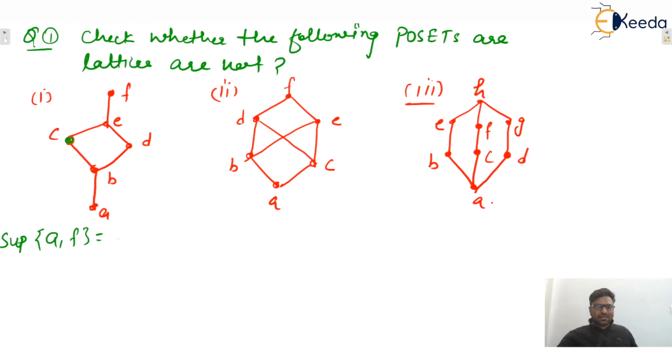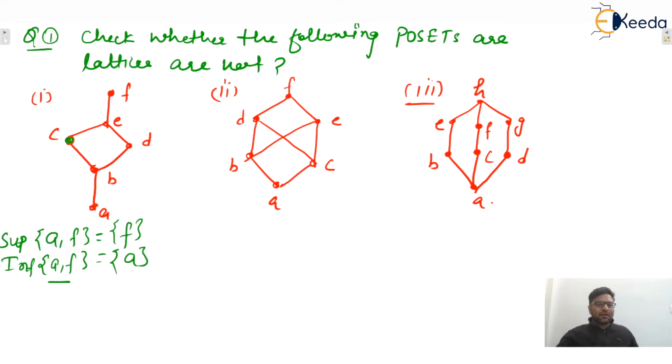Supremum means least upper bound. So the upper bound of A and F will be F, only F. So only one upper bound is there, then that will be the least only. And what will be the infimum of A comma F? Infimum means greatest lower bound. So find out the lower bounds of A and F. The lower bound of A and F is only A, and that will be the greatest only. If only one element is there, then that will be the greatest only.